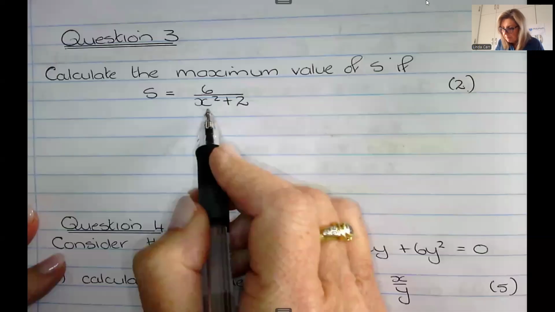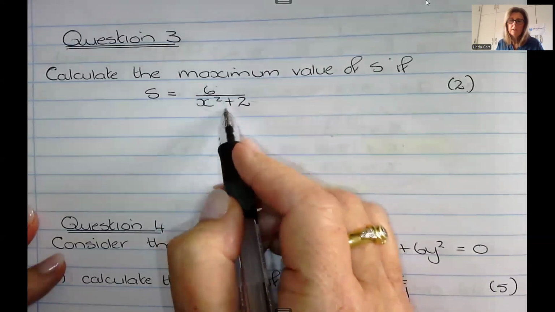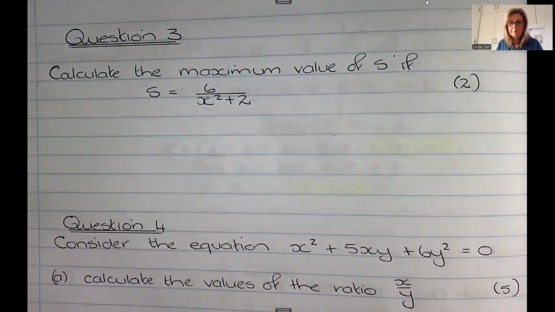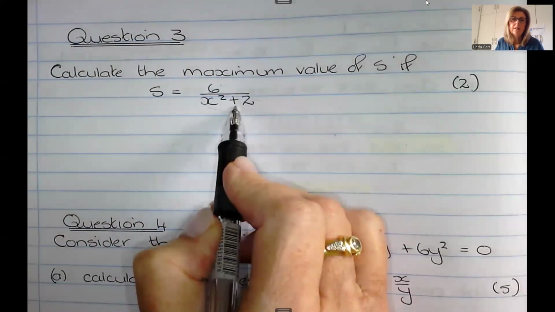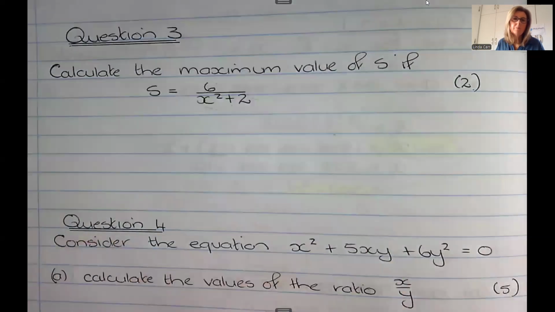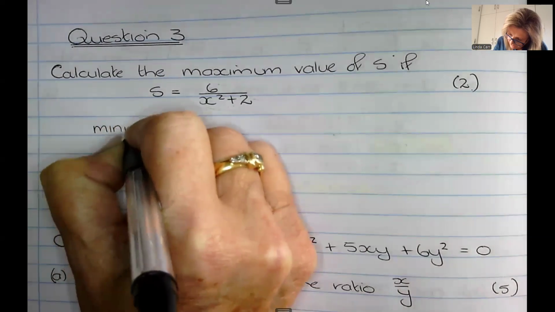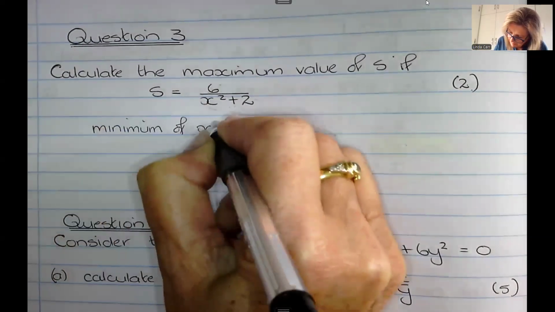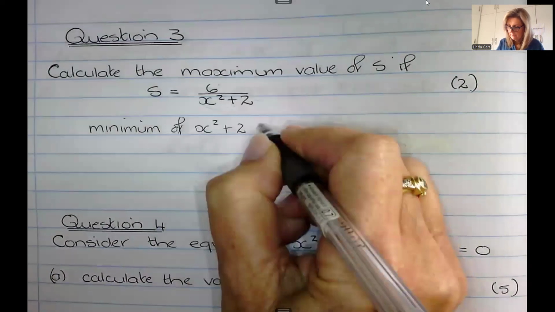So the bigger the denominator, the smaller the overall answer will be. Vice versa, the smaller the denominator, the bigger the whole expression would be. So what we actually want to get the overall maximum is the minimum of x squared plus 2.